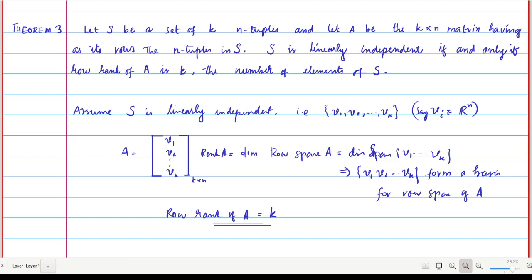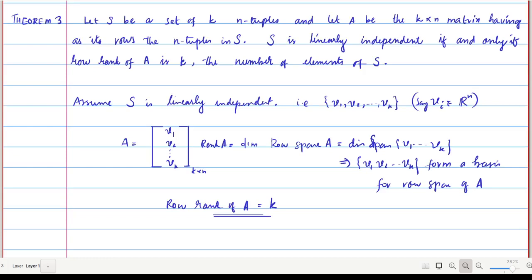For that we consider the hypothesis. We suppose that the row rank of A is k. Now what is the meaning of this?